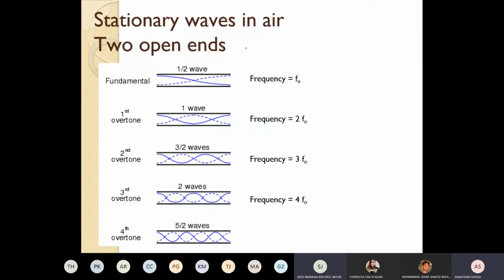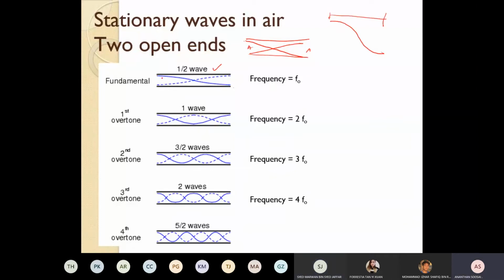So in this case, if you have a pipe, the longest wavelength it can produce is this: antinode here, antinode here. So the longest wavelength produced is like this. Tell me, from up to down, how many wavelengths is this?